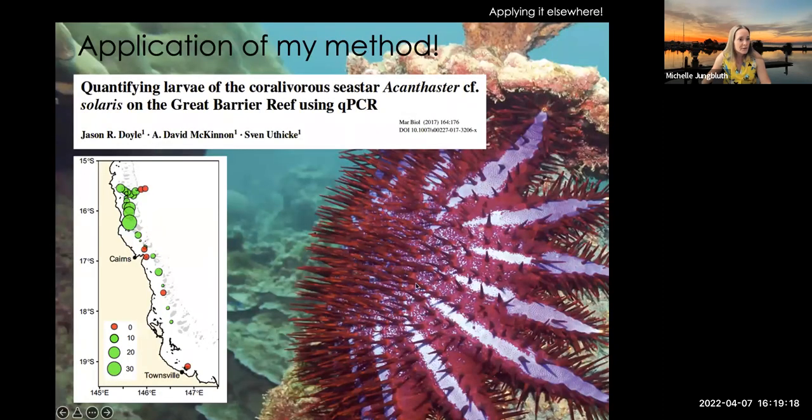And a few years later, I was really excited to find not my first citation, but one of the most exciting citations of that work, which actually used my method and developed an assay for the crown of thorns sea star, which is an invasive and very damaging species that just eats the reef, basically, to look at the distribution of pelagic larvae in the water column.